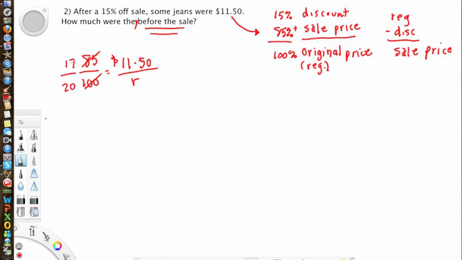R times 17 will be 17R, is equal to 20 times 1150, and that would be, let me see, 1150 times 20 is going to be 230, I believe.